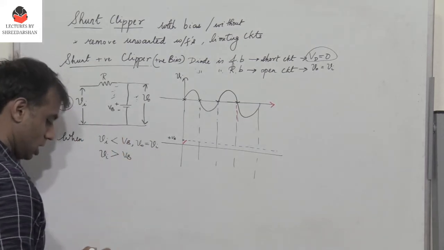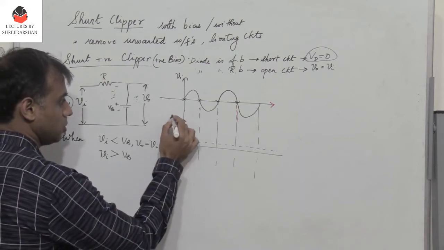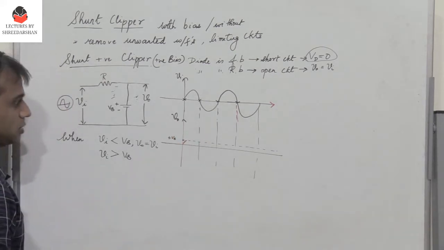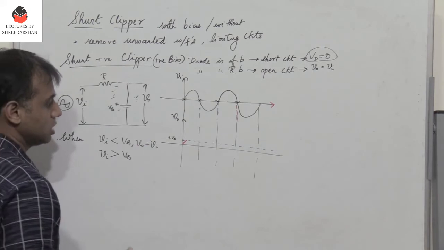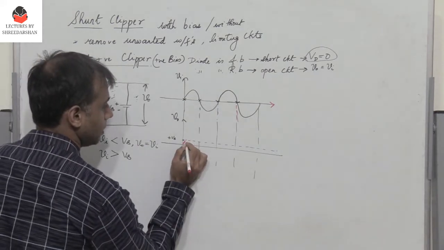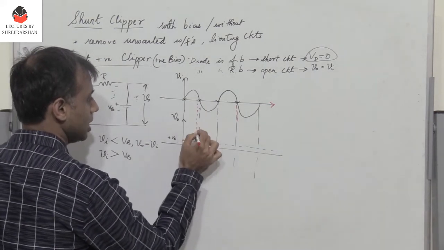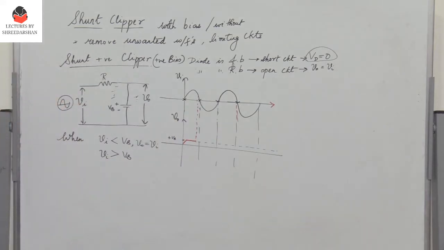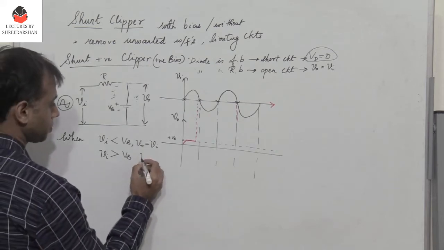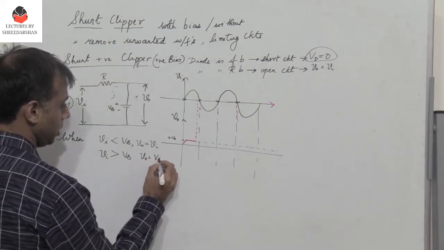So the output voltage V0 is held constant at VB as long as the input voltage is greater than VB, the bias voltage.